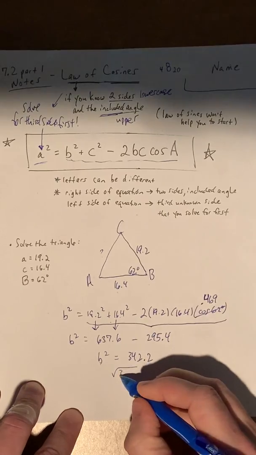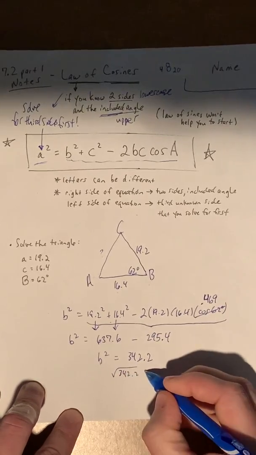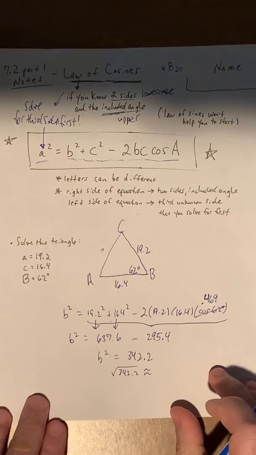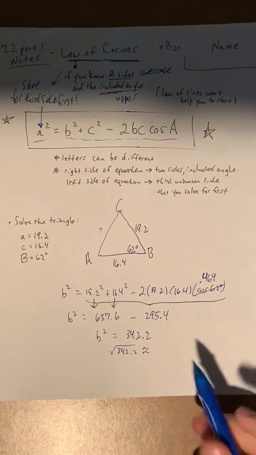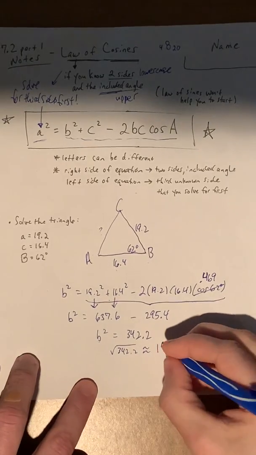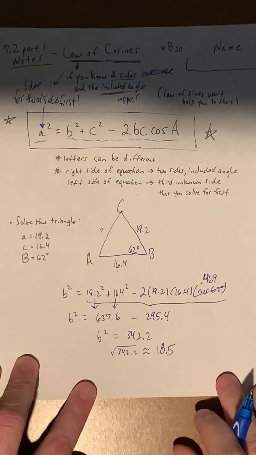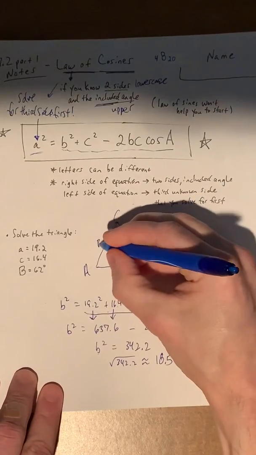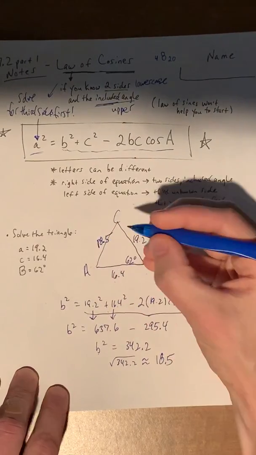So we take the square root of 342.2, and we can approximate that out to 1 decimal place, and that will be the third side. When we square root this, we get about 18.5. All right, so back up at the triangle, this side is 18.5.